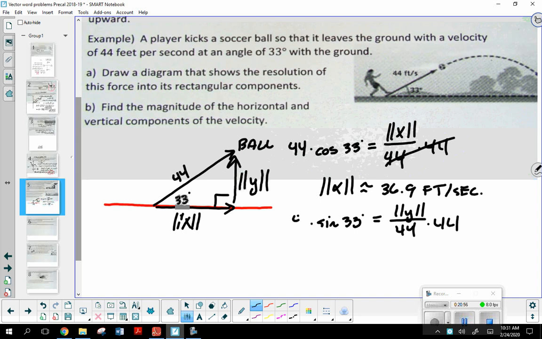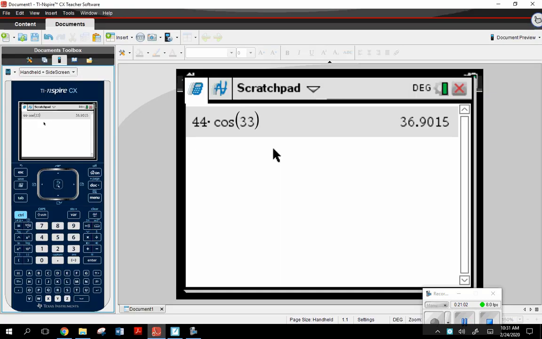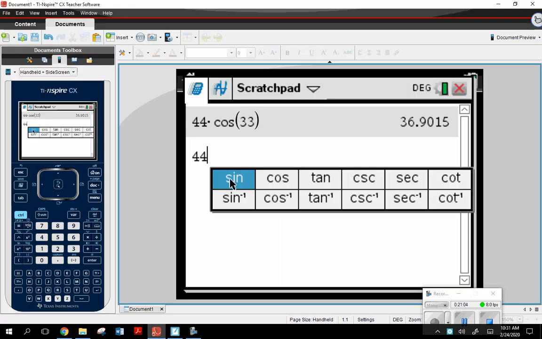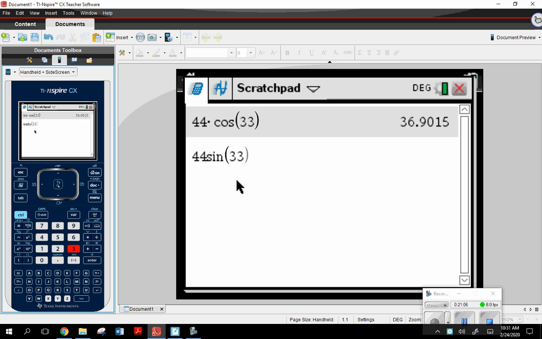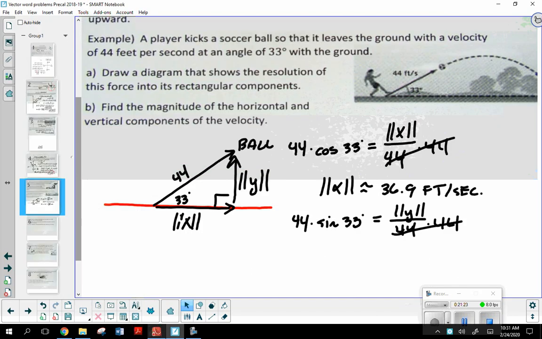Multiply through by 44. Okay, those are going to cancel. So let's see here. 44 times the sine 33. So what should I get when I push enter? There you go. That one's got an even larger decimal, so I'd say 24 is okay on this one. So vertically, the ball is going up about 24 feet per second.